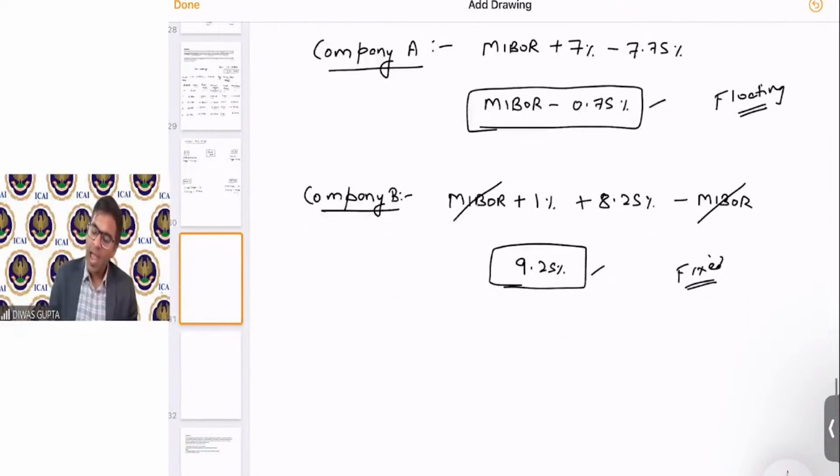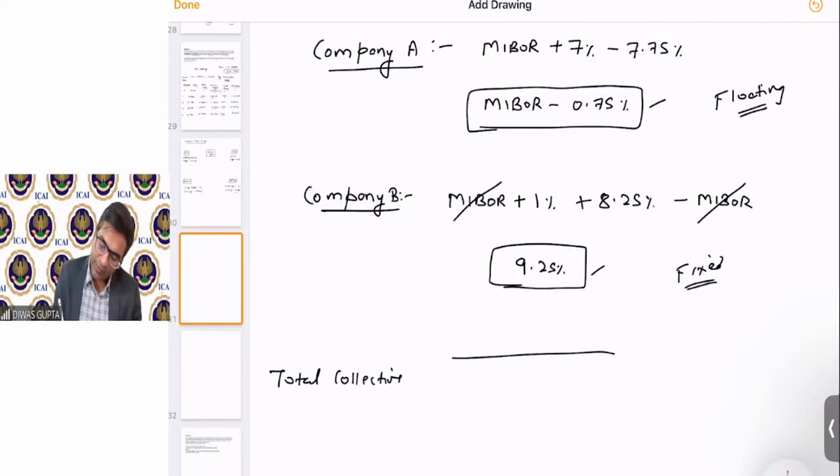Now, if you add these two, students, how much do you get? Let me put the total collective interest payout.